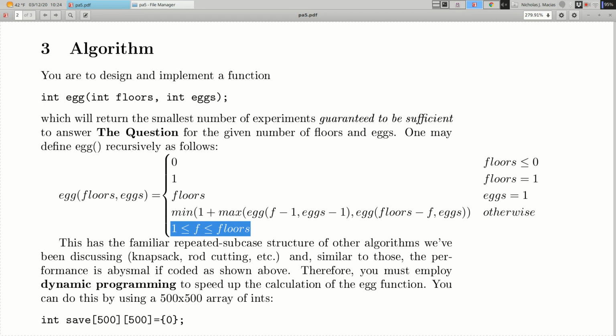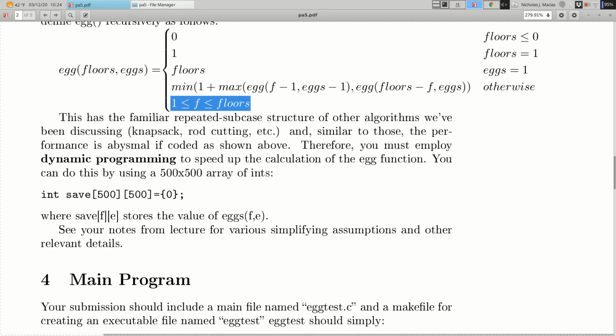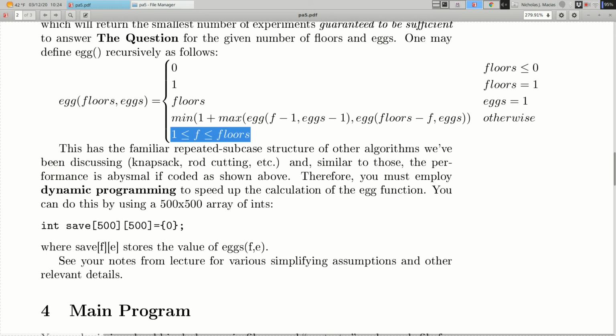If you were seg faulting, assuming that you set up your array correctly and you weren't mixing up floors and eggs somewhere, it was probably still something in the main definition of the egg function, something where you had an index going negative. Or you weren't catching a negative number of floors or a negative number of eggs.